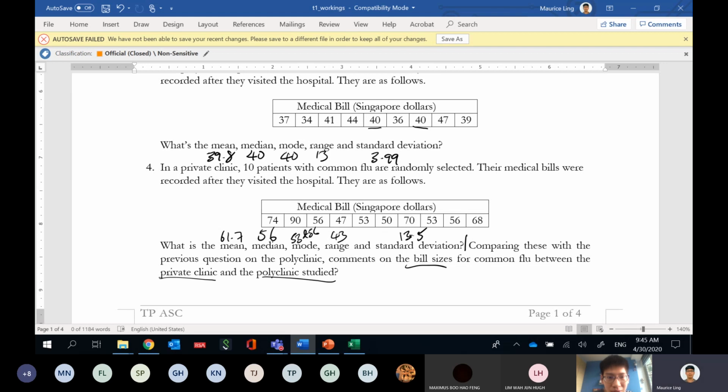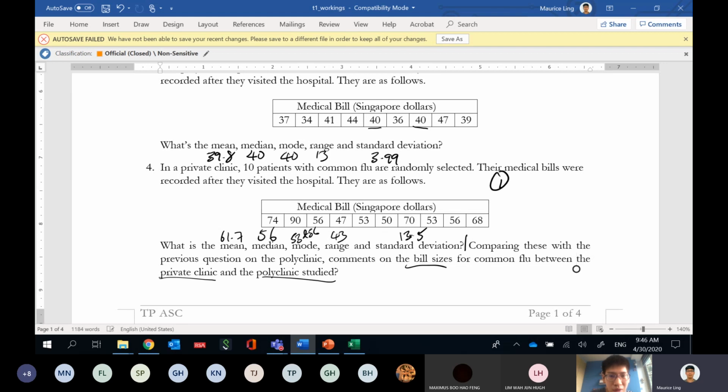Okay, so number one is okay. Now, when I ask you to compare and comment, the easiest gauge is this: explain something that your grandmother can understand. Now, tell me, which one is more expensive? The private clinics, sir. Okay, good.